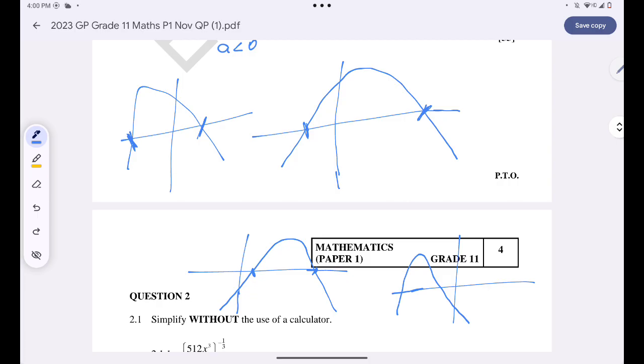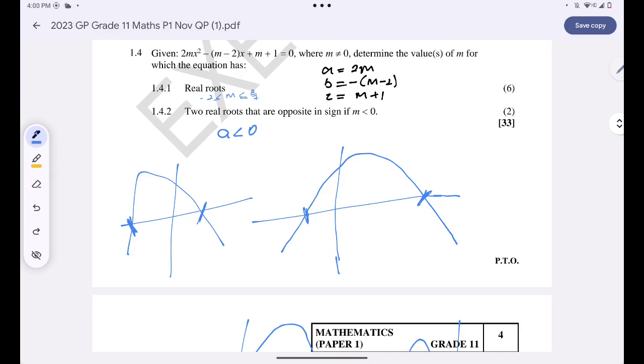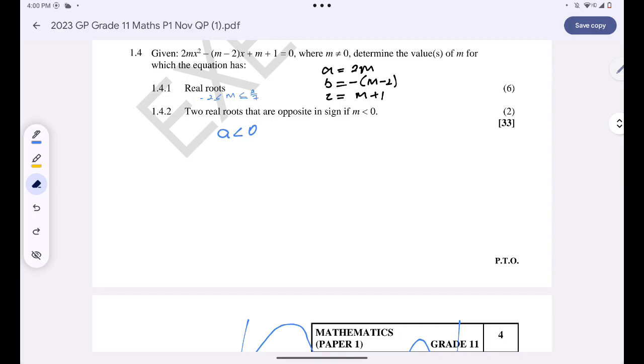Are you together? Okay, so how can we get our equation to have two roots with opposing signs? It simply means that c must be greater than 0. Are you together? Our y-intercept must be greater than 0. In this case, what is the y-intercept? The value of c is the y-intercept, right?